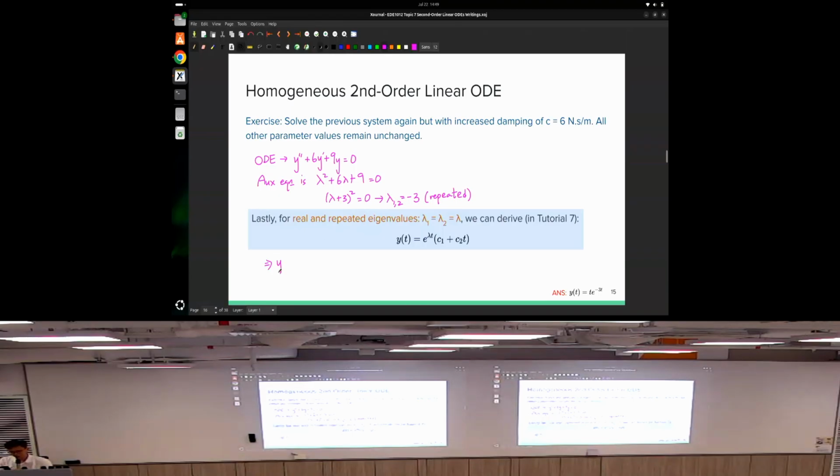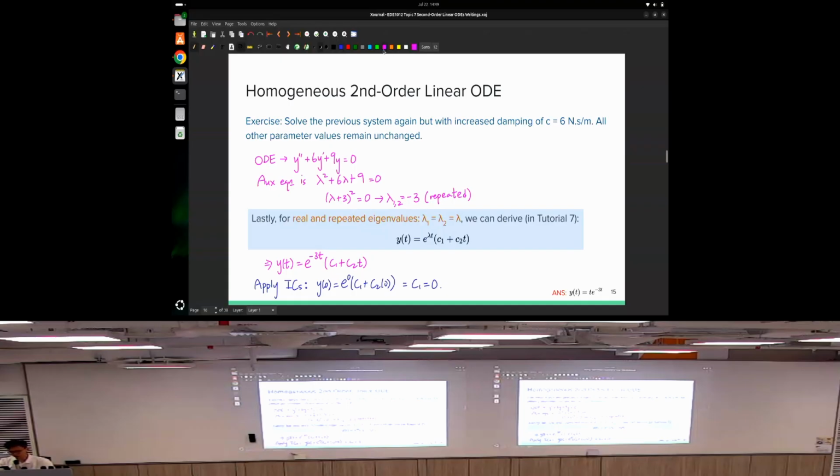Therefore, the solution is e to the minus 3t, because your lambda is minus 3, times (c1 plus c2 t). Now apply the initial conditions. y(0) equals 1: e to the 0 times c1 plus c2 times 0, so obviously c1 equals 0.